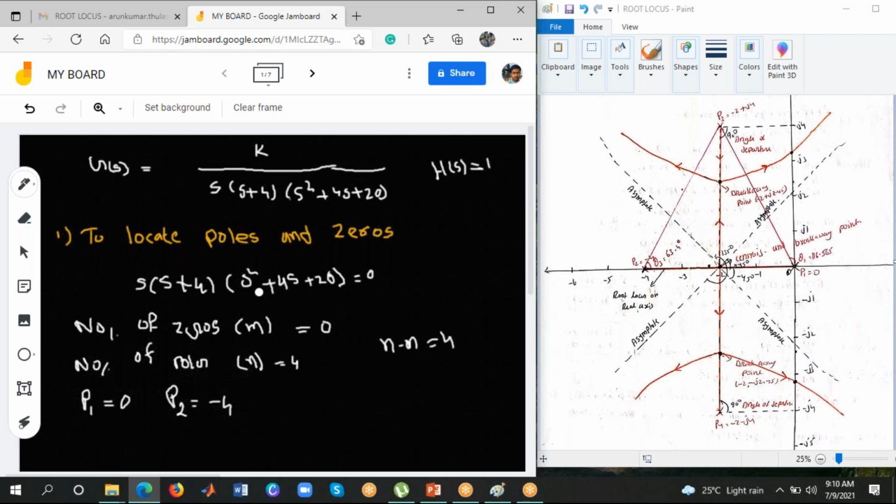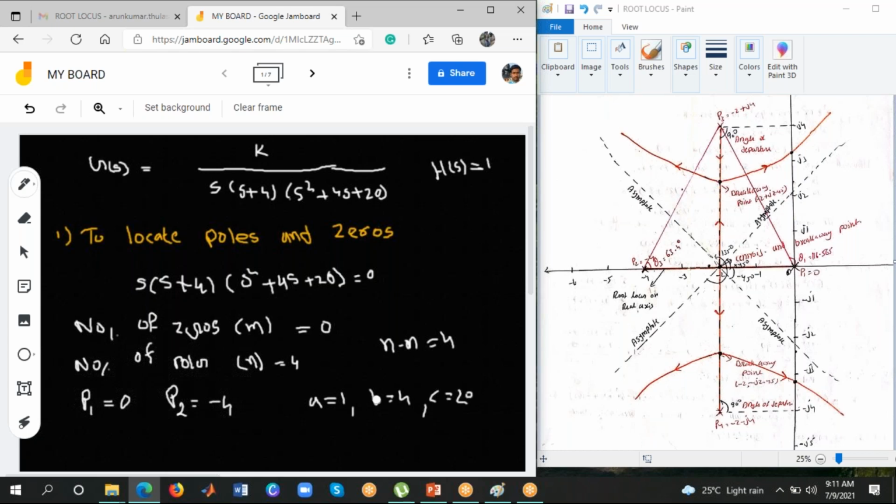To find the roots of this equation, you have to use the formula minus b plus or minus square root of b square minus 4ac, divided by 2a, because you can't find the roots directly for this equation. So here a equals 1, b equals 4, and c equals 20.